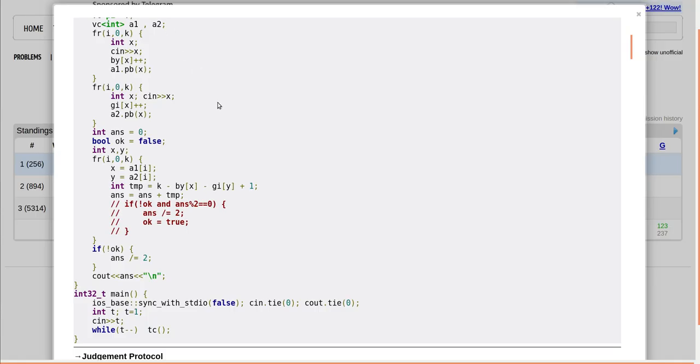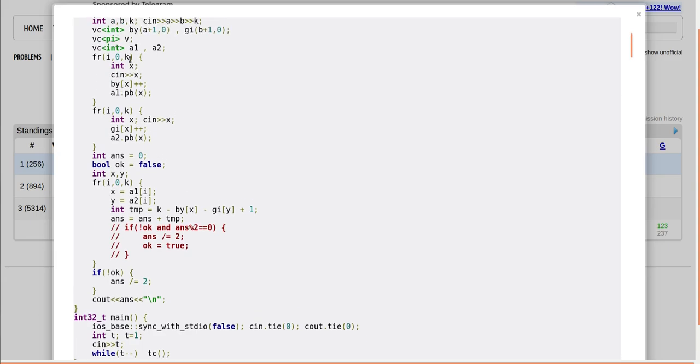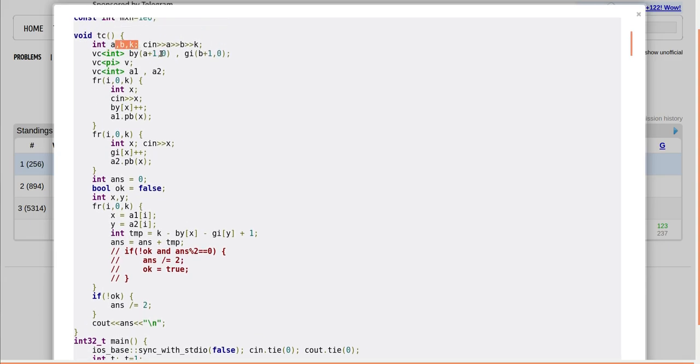What you have to do is first get the number of boys, number of girls, and the number of pairs k. Then you make a frequency array for boys and a frequency array for girls, where you increment the count for each boy, like if boy number 1 is present in 5 pairs, so the frequency of 1 will be 5.